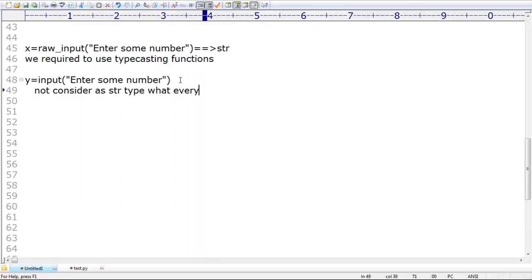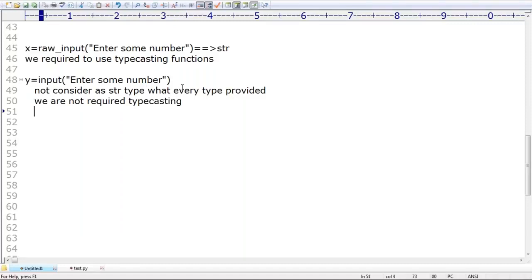Whatever type we entered, whatever type we provided, the same type only will be considered. Remember that we are not required to perform typecasting.